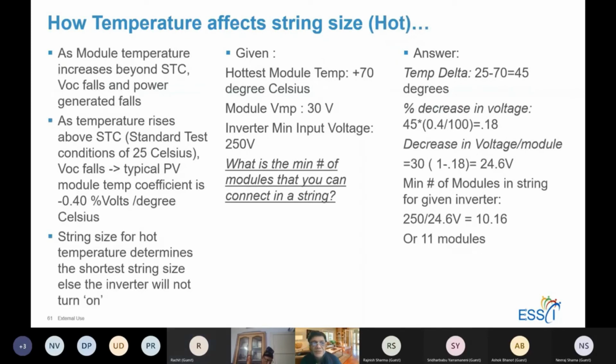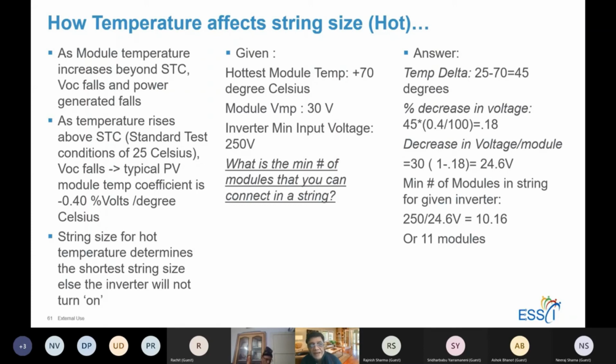So if your temperature goes up, say you have put the system in Jodhpur, and in Jodhpur the temperature goes up to 45 degrees centigrade or 48 degrees centigrade in summer. Now, when the temperature goes up, your VOC will fall.